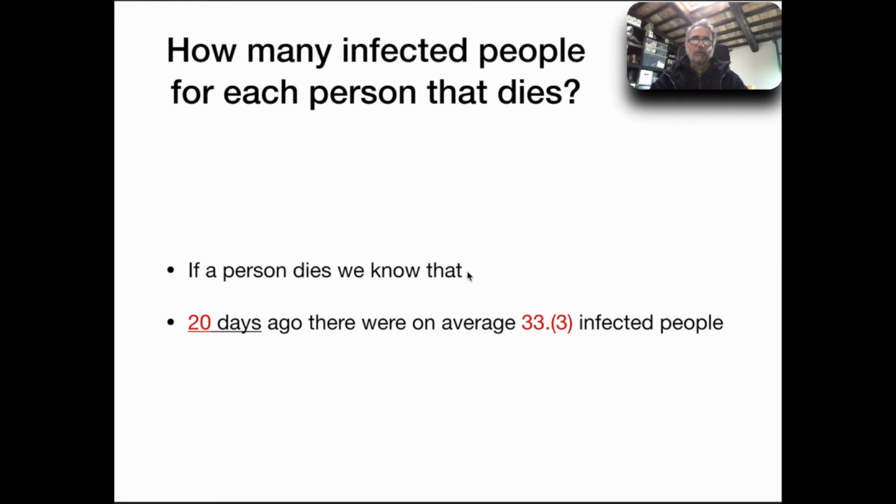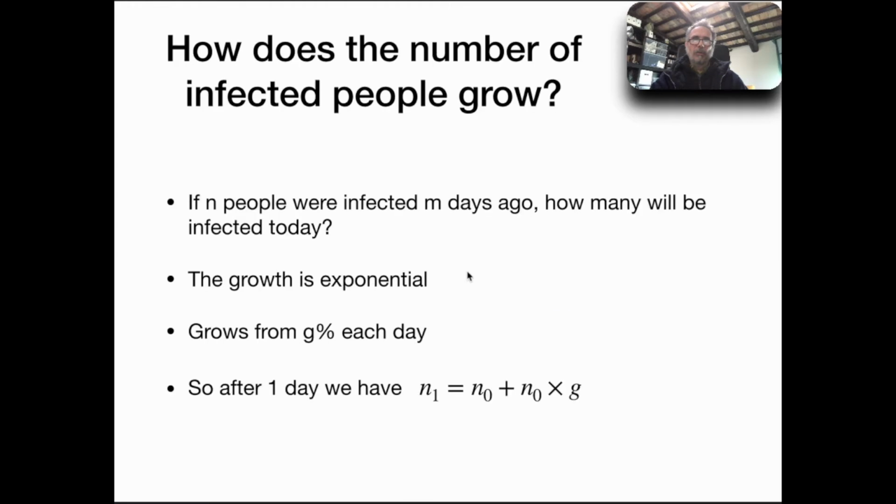33 persons infected. But what happened in those 20 days? Well, those people infected other people, which infected other people, and so on. So the whole thing grows, and grows at a certain speed, about g% each day.